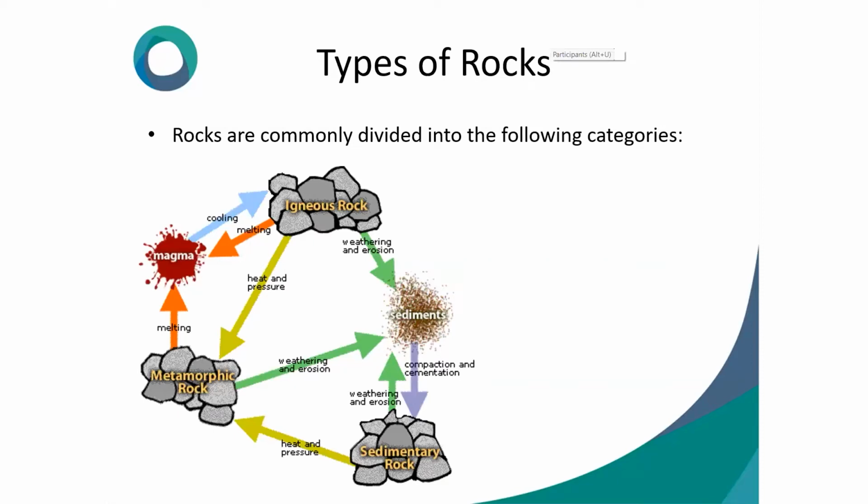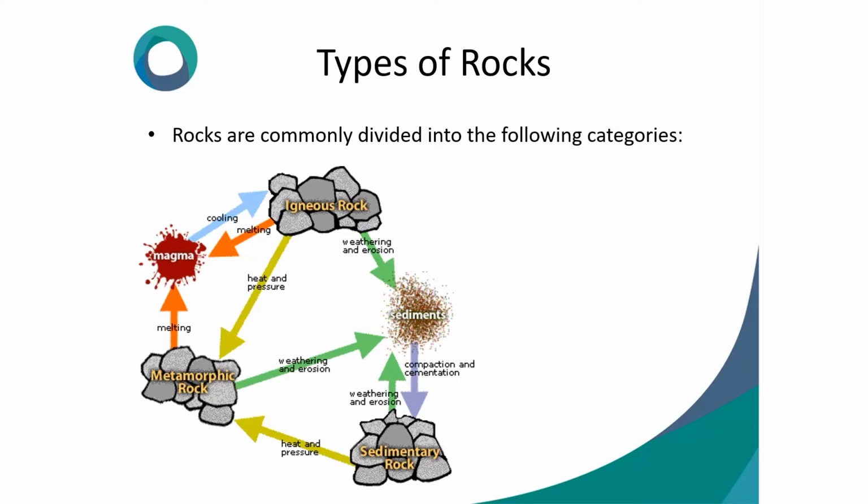As I already told you, the types of rock: why should I study and understand rock? If you want to become an expert in soil, you should always understand its parent material. Who is that parent? It is rock.